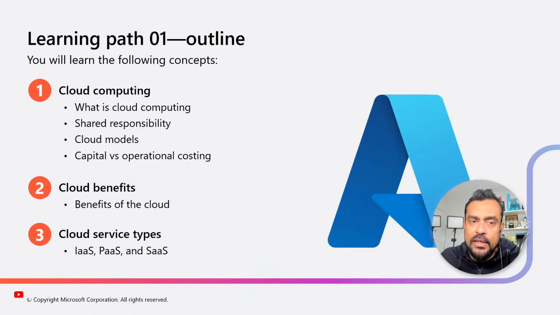First, we'll need to know what is cloud computing, and shared responsibility when you have cloud computing, and cloud models, and also capital and operational costing models. This is very important to understand. Once you know that, it's very easy to understand other cloud service types like infrastructure as a service, also known as IaaS, platform as a service, PaaS, and SaaS, software as a service. So we will see what those are.